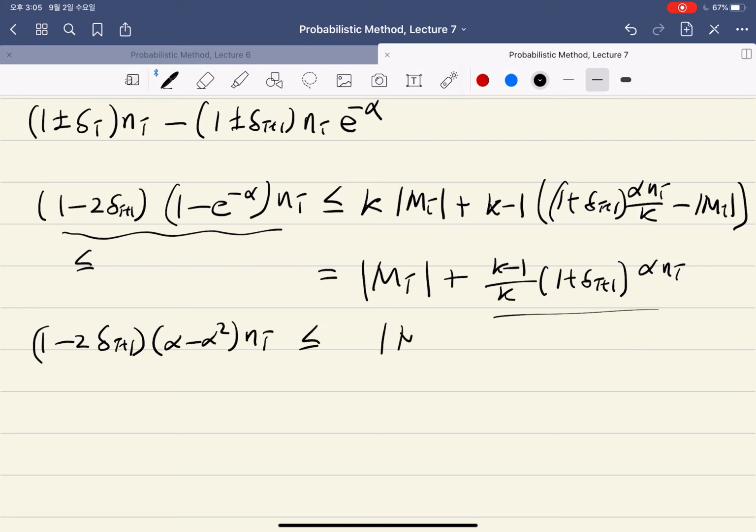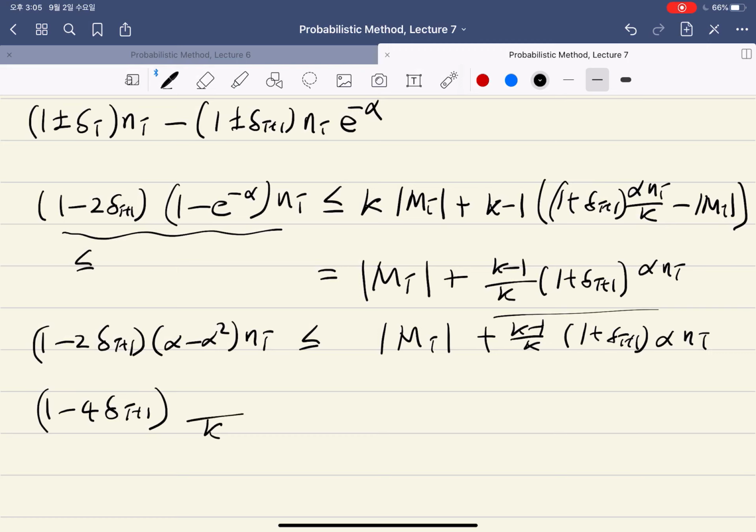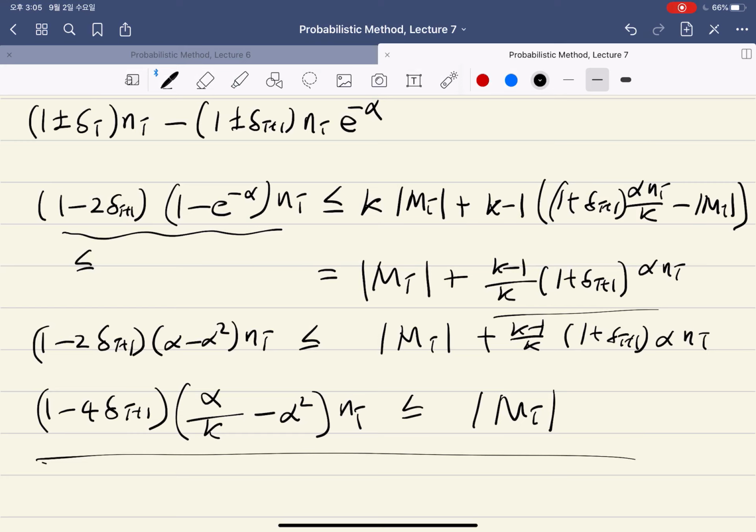This is now the equation we have. You move this part here, then that's k over alpha minus alpha square ni. Okay, this might be better. Okay, we have this lower bound.